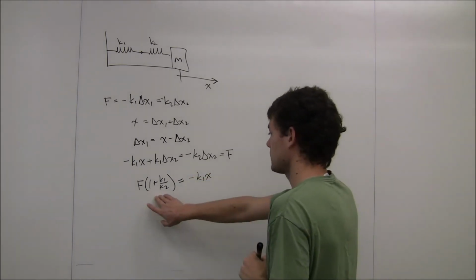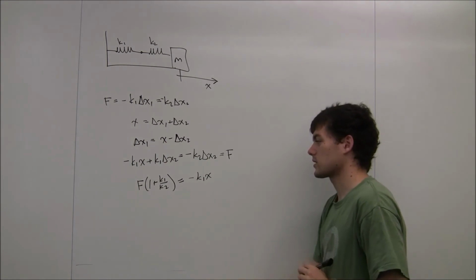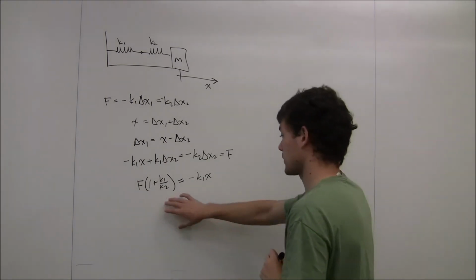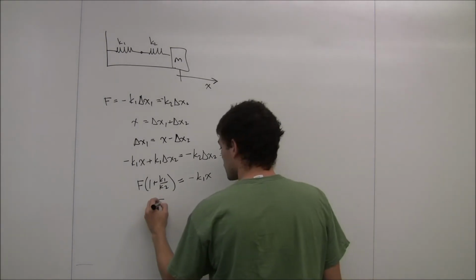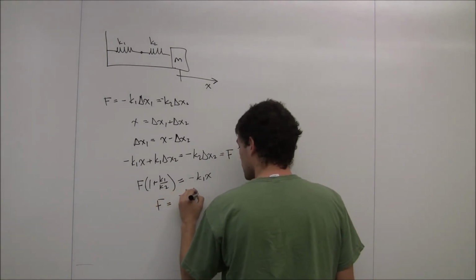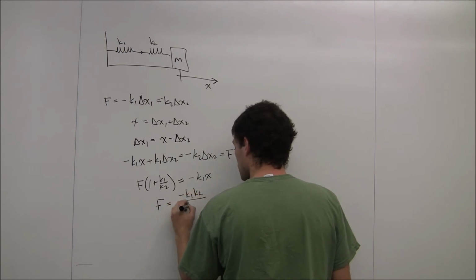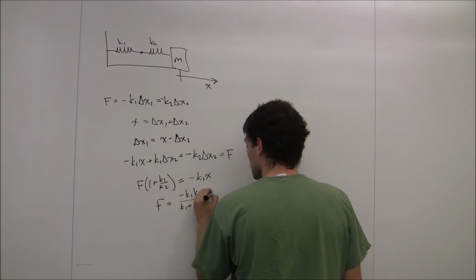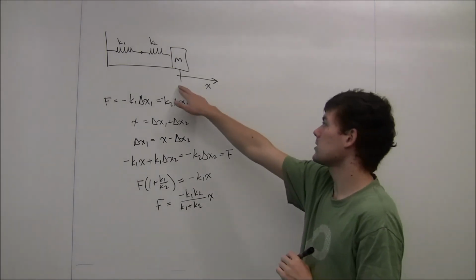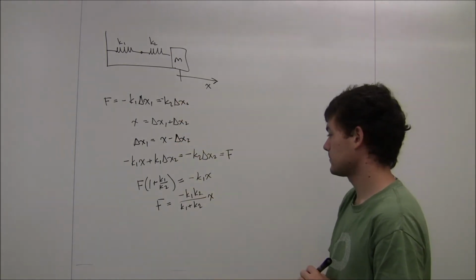So now if you just do the algebra, this becomes k1 plus k2 over k2, so we can multiply that through. We get F, the total force on the block, is minus k1 k2 over k1 plus k2 times x. So this is the force acting upon the block as a function of the displacement.